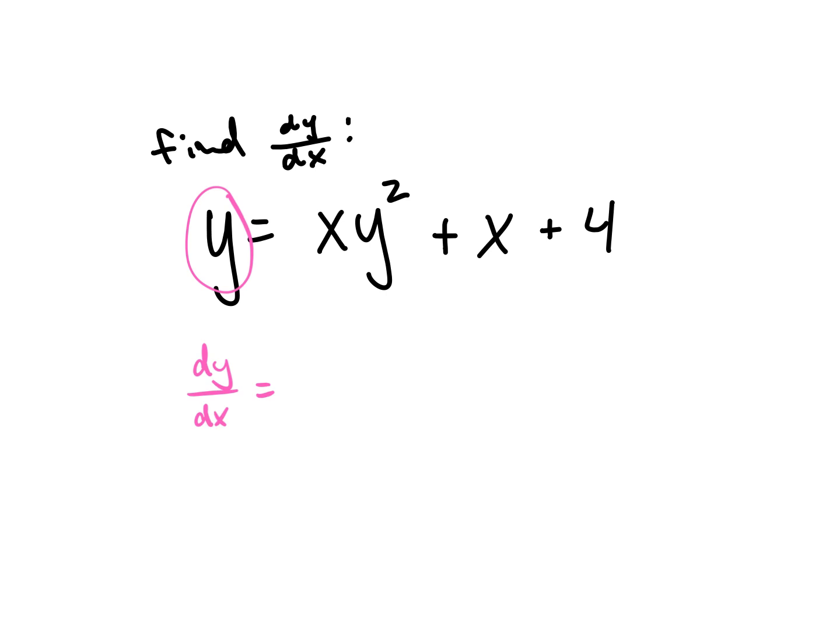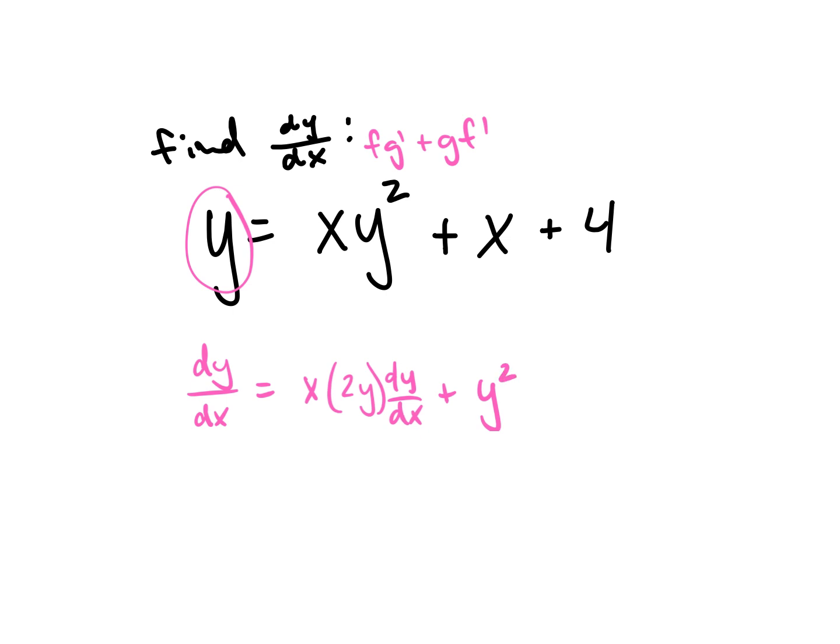Product rule. So the first times the derivative of the second plus the second times the derivative of the first. So our first would be x times the derivative of the second. What's the derivative of y squared? 2y dy dx plus the second, which would be y squared, times the derivative of the first.